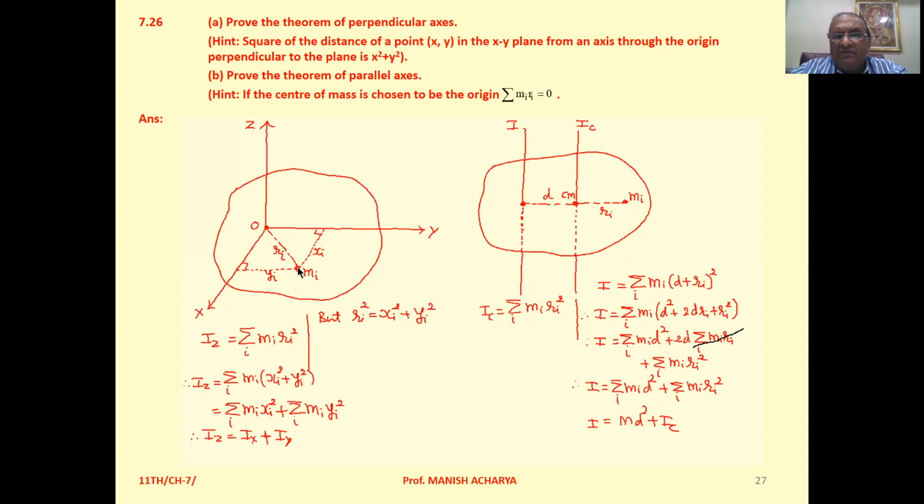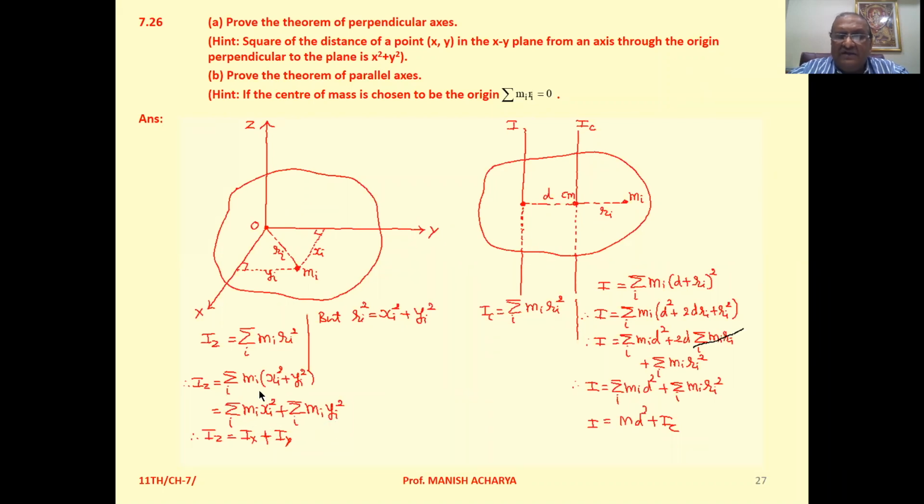But from the position of this particle, if we draw normals on the x and y axes, then using Pythagoras theorem we can write ri square equal to xi square plus yi square. So here ri square is replaced by xi square plus yi square. So this is equal to sigma i mi xi square plus sigma i mi yi square.